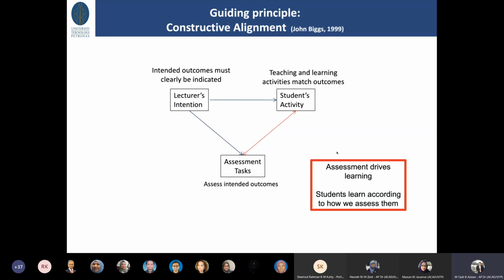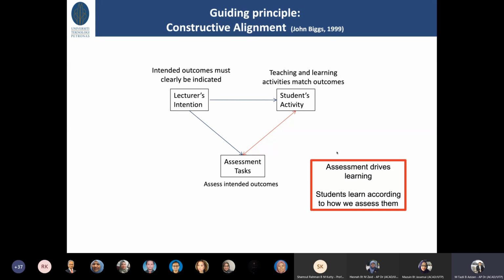For example, when we set the assessments, the assessment will drive learning. An example of misalignment: our intention is that we want students to be able to create something, but in the assessment task we give something for the students to memorize.